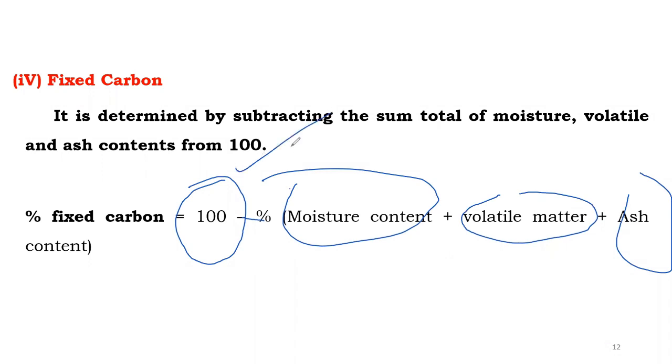Fixed carbon is actually required. So 100 minus all the contents is called fixed carbon. So this is called our proximate analysis.